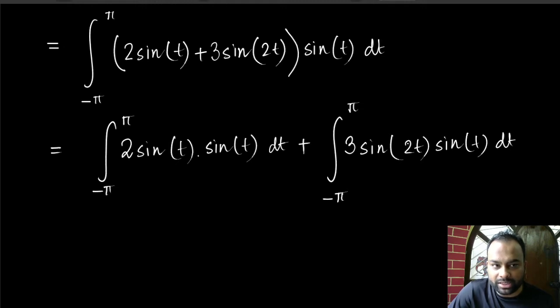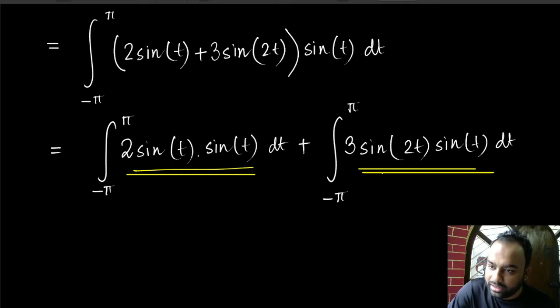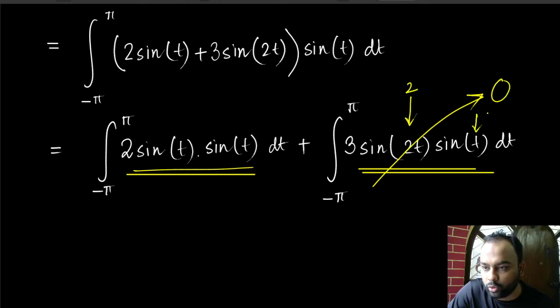Of course, now try to understand that by virtue of the formula that we discussed just moments ago, for this integration, look at this one. This integration would be 0 because I have a 2 here and I have a 1 here. So this integration is 0, right? These integers do not match.